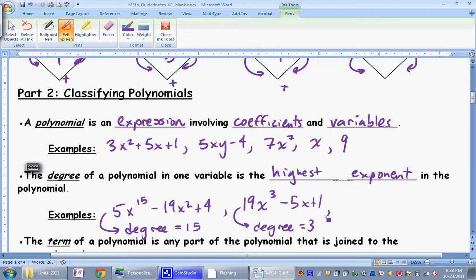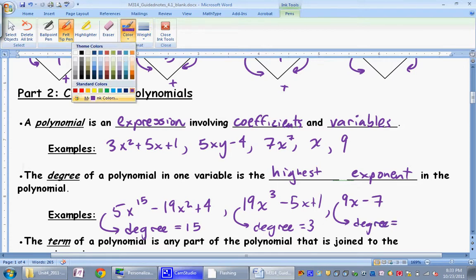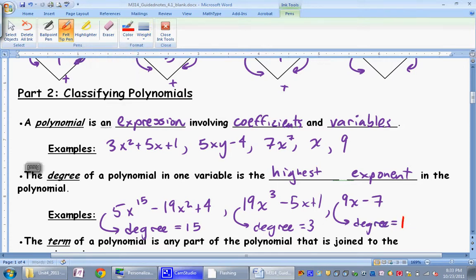Say you have 9x minus 7. Well, you're looking for the highest exponent on a variable in the problem. So in this case, the degree is actually equal to 1, and it might be surprising. The reason the degree is equal to 1 is you could pretend that in 9x minus 7, the x has an invisible first power on it.